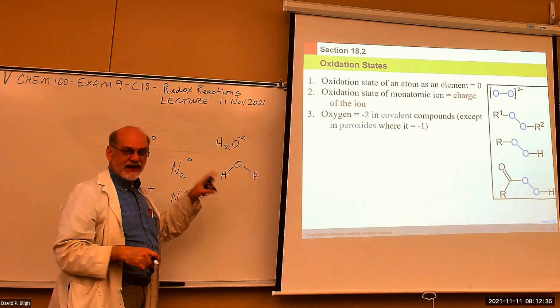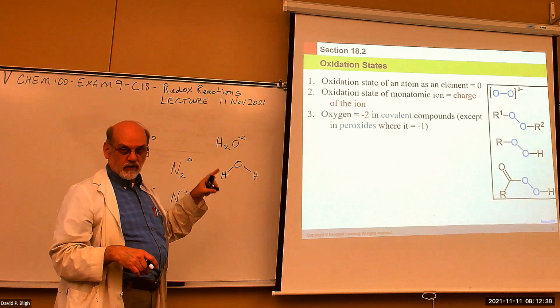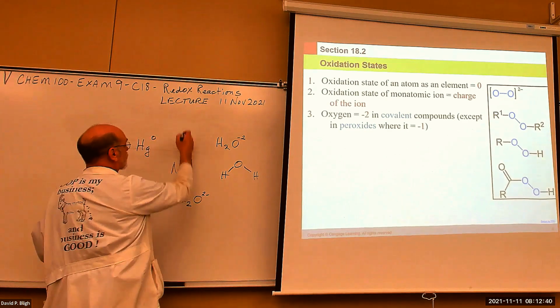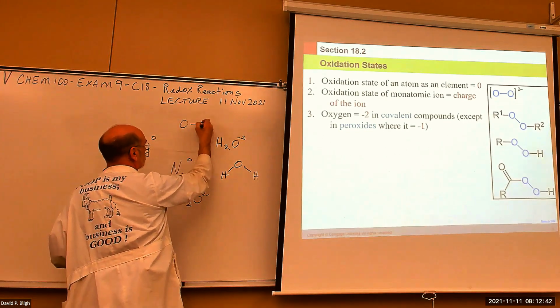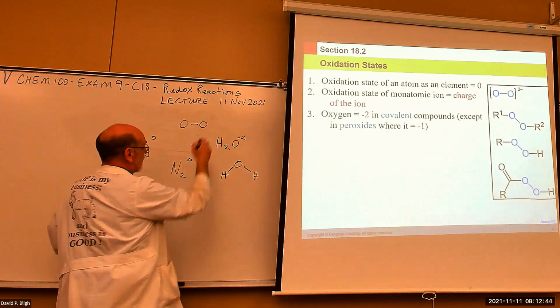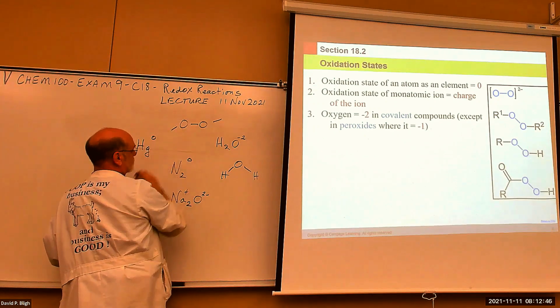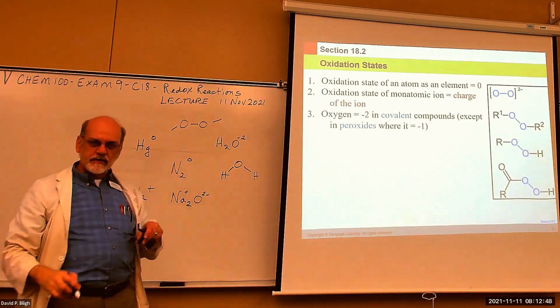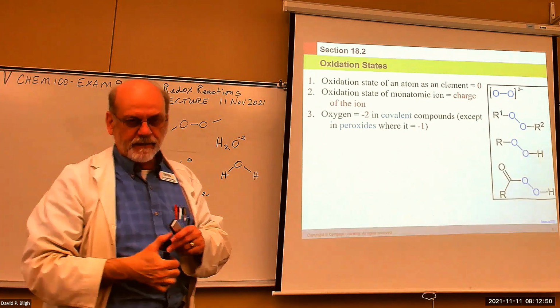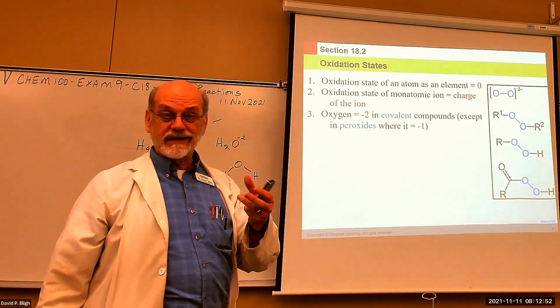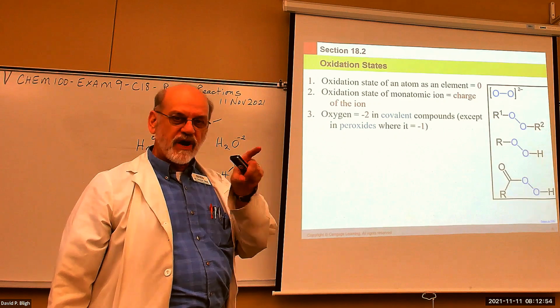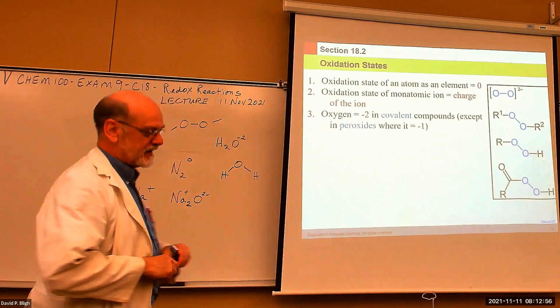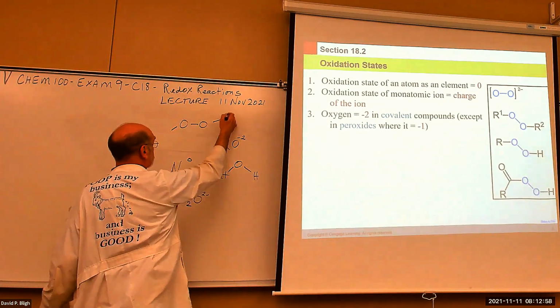Whenever oxygen is bound to itself in what we identify as a peroxide, like that, and it has something else bound to it. Say, if you go to your medicine cabinet and you find one of those brown bottles, it says hydrogen peroxide on the side. This is hydrogen peroxide.